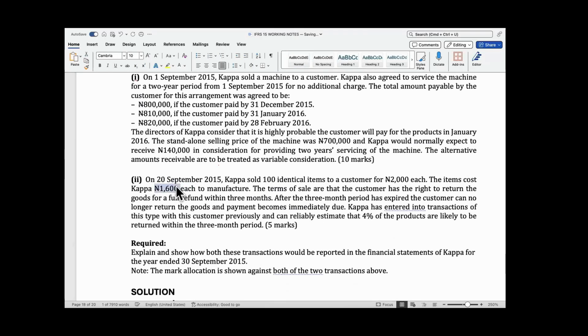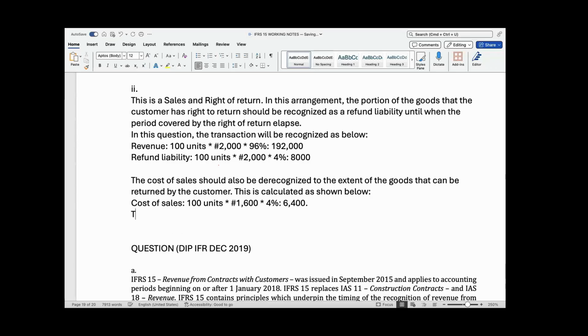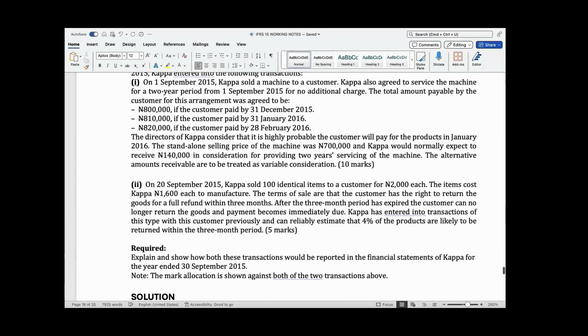Cost of sales is 1,600 times 4%. So how much are we taking away from cost of sales? 6,400. Right. This amount will be transferred, or if you are good with double entry, you say debited, to the assets recoverable account. And that's that for that.